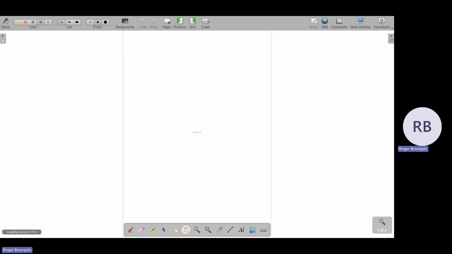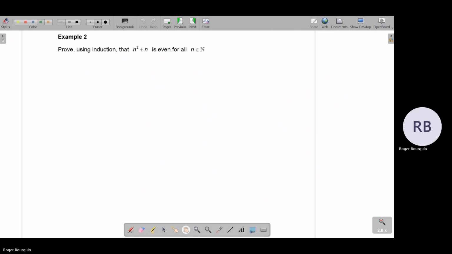And the next one is: prove using induction that n squared plus n is even for all n that are elements of the natural numbers. Well, if you put in any number, put in 999, let's see if it's working. So 999 squared plus 999.